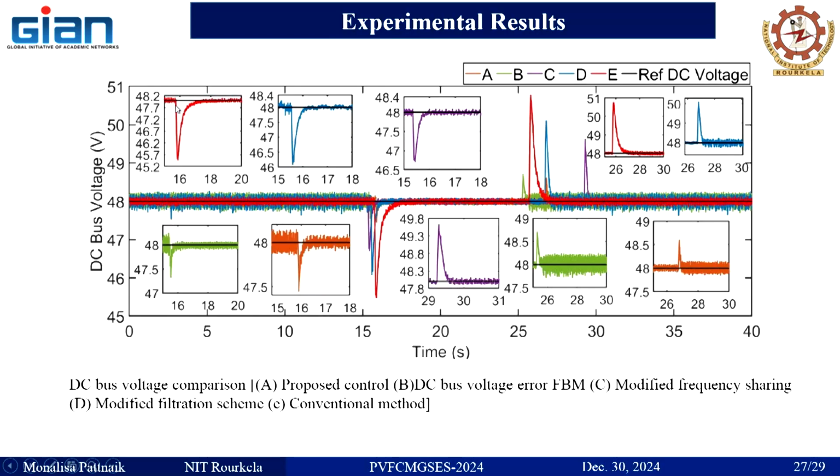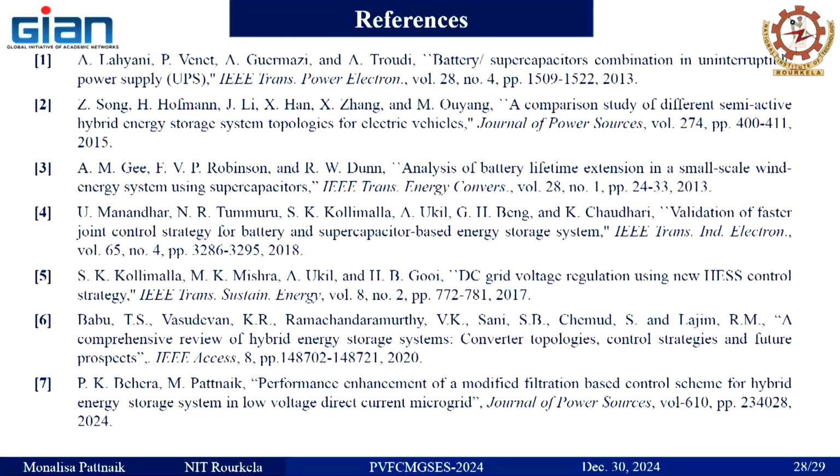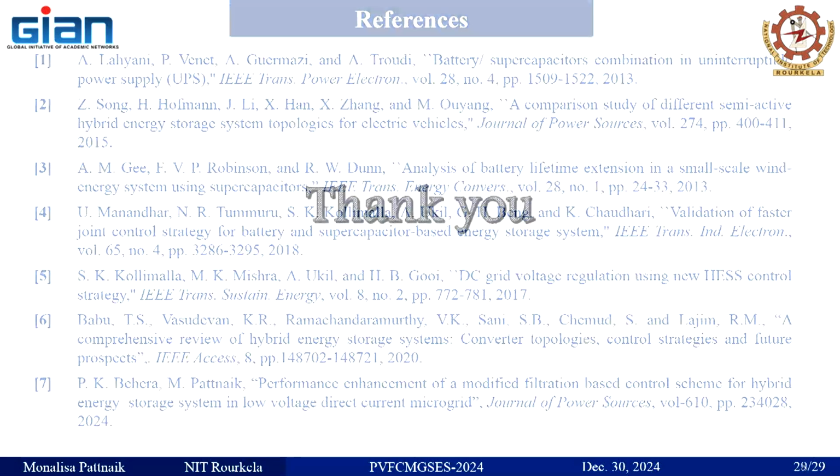Here you can see the smoothing of the transients, and the undershoot of the system is also very low. Here you can also see other different control strategies we have already tested. Now these are the references. Thank you.